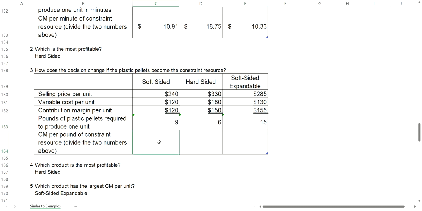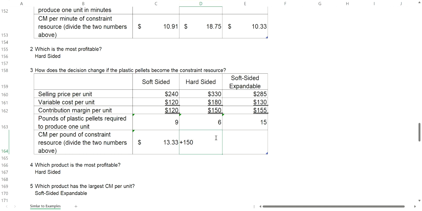Now I'll do what I did before. I will divide the contribution margin by the constraint resource. So I will take 120 contribution margin divided by the 9 pounds that it takes per unit. And the contribution margin per pound is $13.33. I'll do the same thing here.